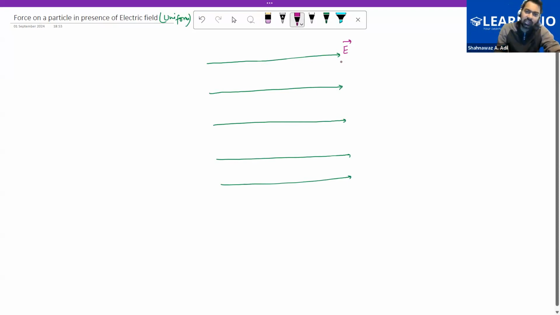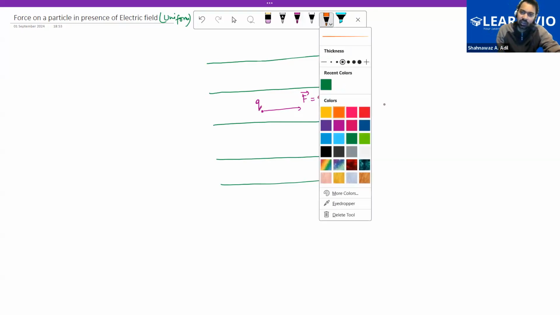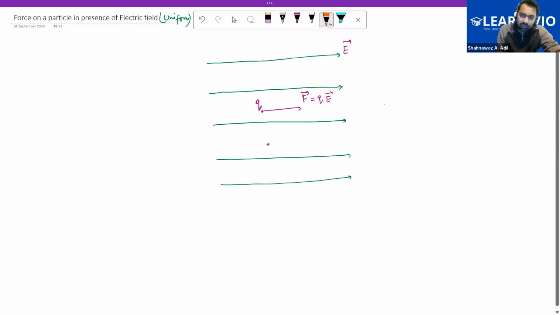Now we put some charge in here, let's say at this point, right? So then the force on this charge would simply be in this direction, and this would be equal to qE, right? And let's say if we put a negative charge, then what would be the direction of force?